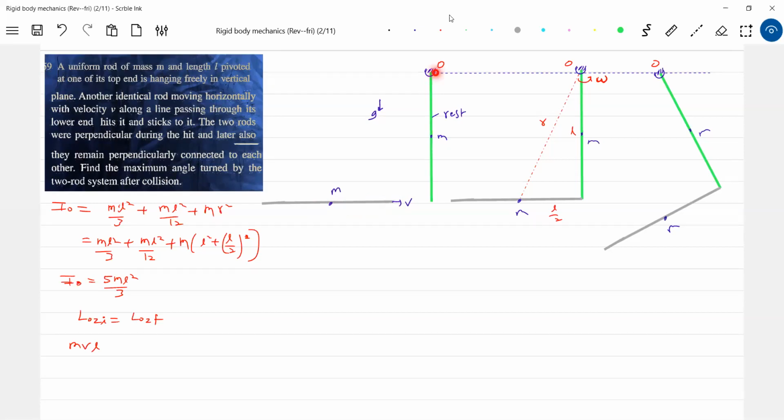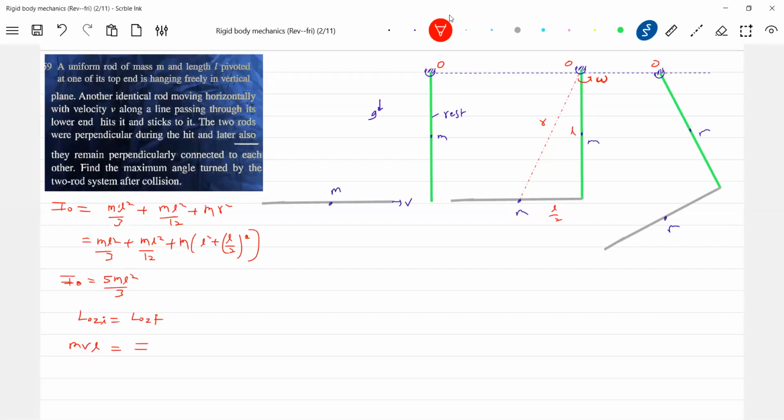The same thing. L is equal to angular momentum due to rotating motion about the center of mass of a rigid body plus angular momentum due to translating motion of center of mass. There's no rotating motion, only due to translating motion of center of mass. That is what MVL is. Able to understand this?